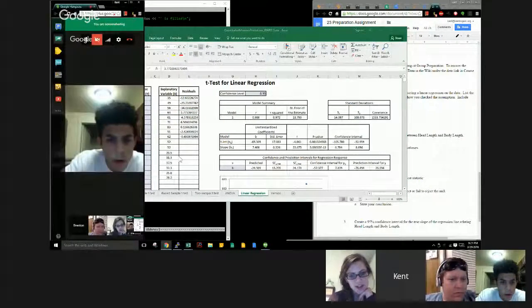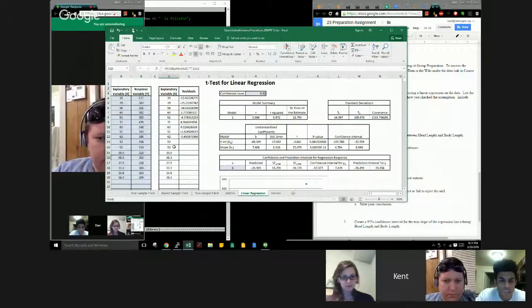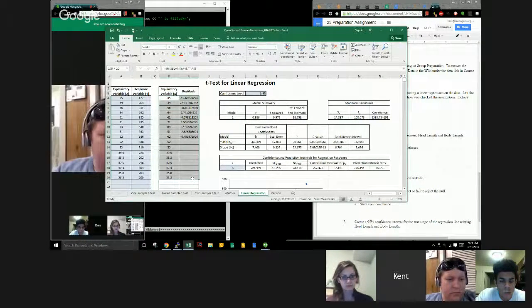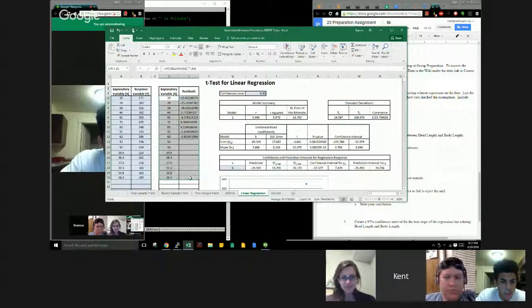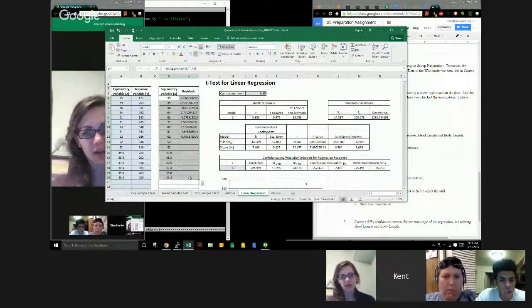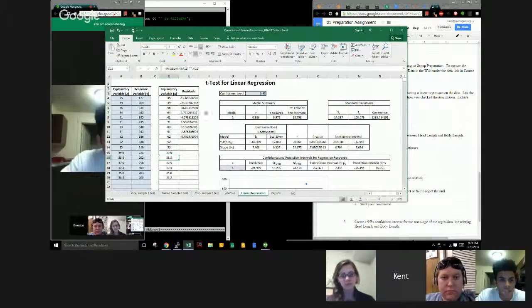Well, you guys have plugged in the crocodile data, right? Yeah. So when you look at your table, explanatory variables and residuals, does it look like my screen? Yours looks like it's halfway cut off on the residual. Mine goes all the way to 20 on all of them, all the columns. Yeah, mine as well.